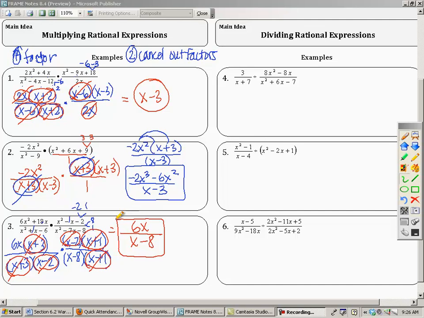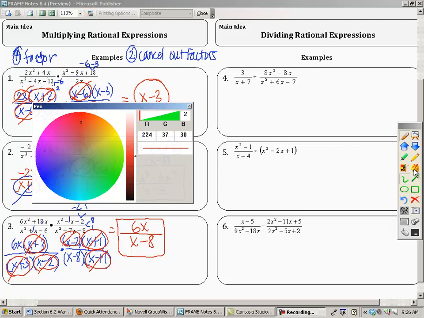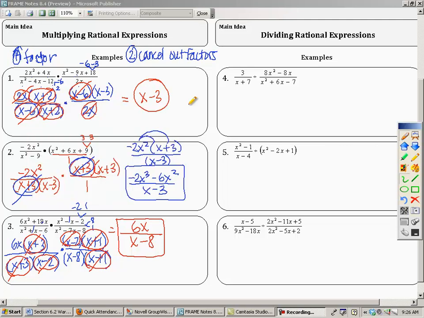Multiplication is just like the simplification we did on the front half. The division is where it gets a little bit more difficult. So let me go back, get my colors right. I'm going to give you a 3-step process. The first thing we're going to do is flip the second fraction.